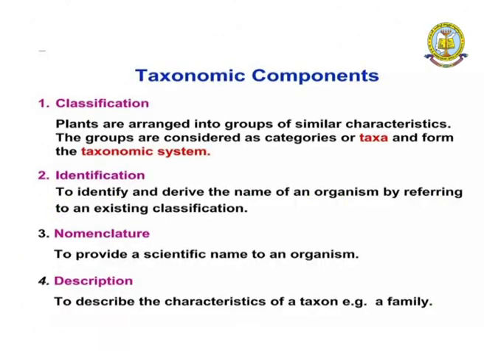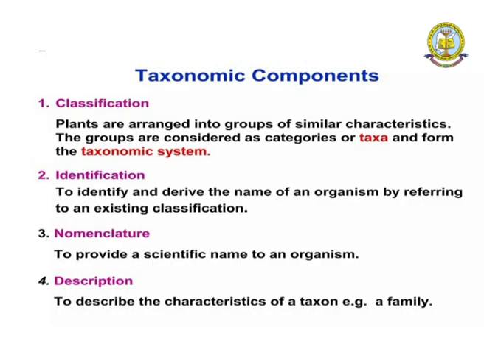First, classification means the plants are arranged into groups of similar characters. The groups considered as categories are taxa and form the taxonomic system. Second, identification means first we identify the plant.